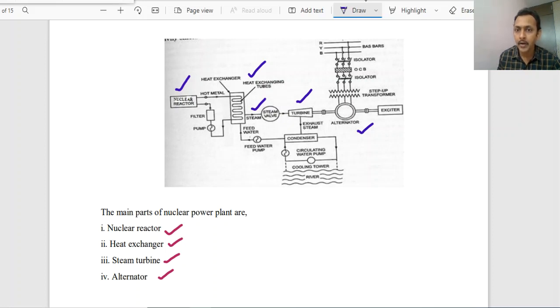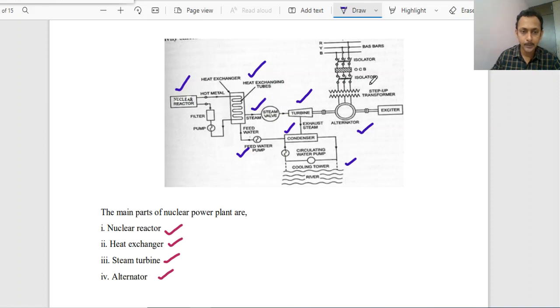Steam, after having done its useful work, is again to be converted back to water. That will be done with the help of a condenser, which will convert that steam into water. During that process, it is going to make use of the cooling tower. Once it is converted into water, this water will be fed back with the help of the feed water pump into the heat exchanger.